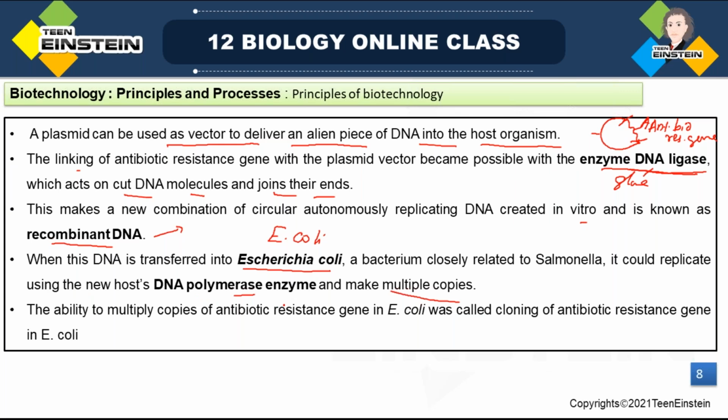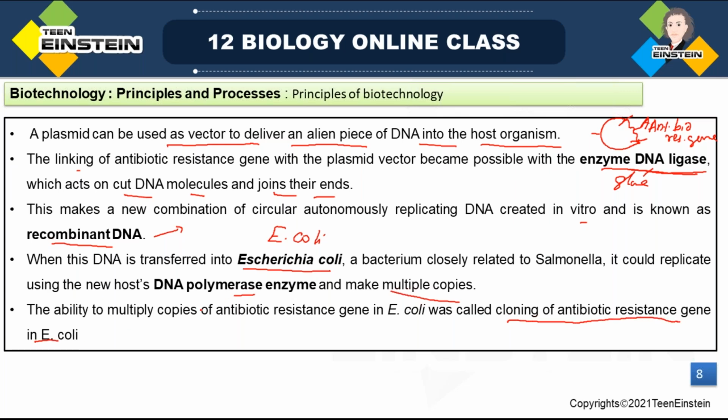When it is transferred into E. coli, with the help of DNA polymerase enzyme it can make multiple copies. DNA polymerase enzyme is for polymerization. So the ability to multiply copies of antibiotic resistant gene in E.